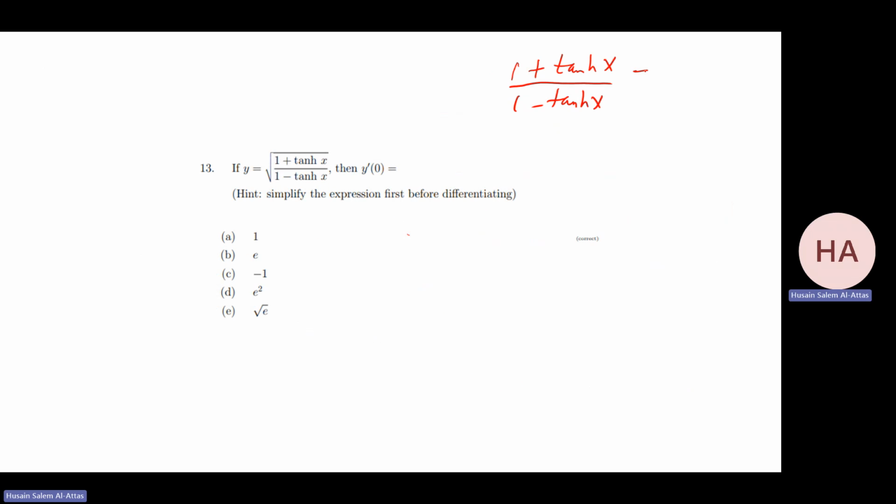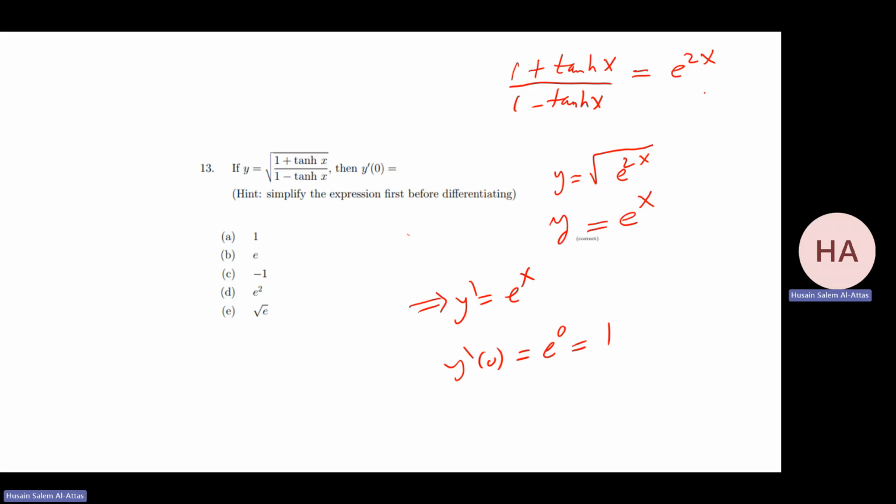So my y is the square root of e^(2x), which is e^x. This is my y. Y prime is e^x. Y prime at 0 is e^0, which is 1. So this is the main thing. That is 1.